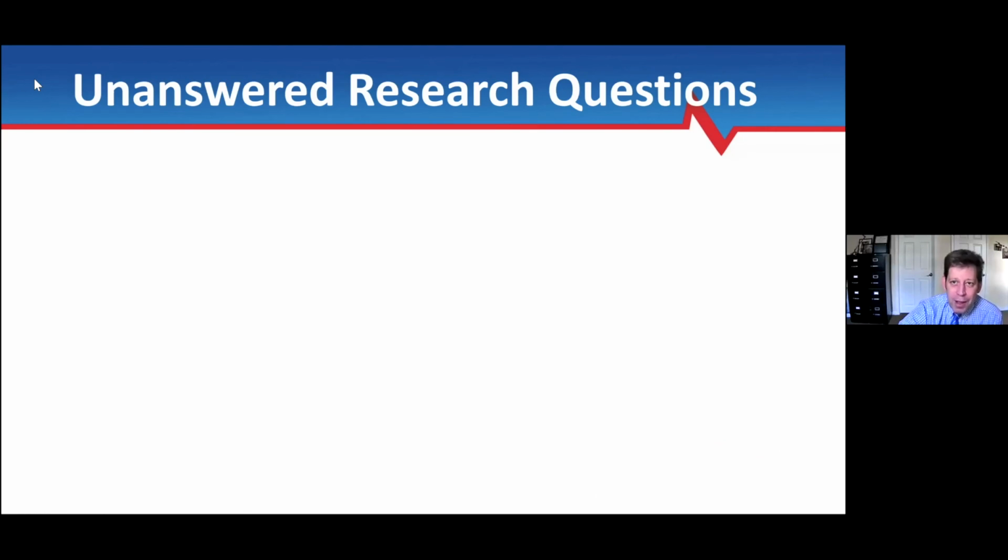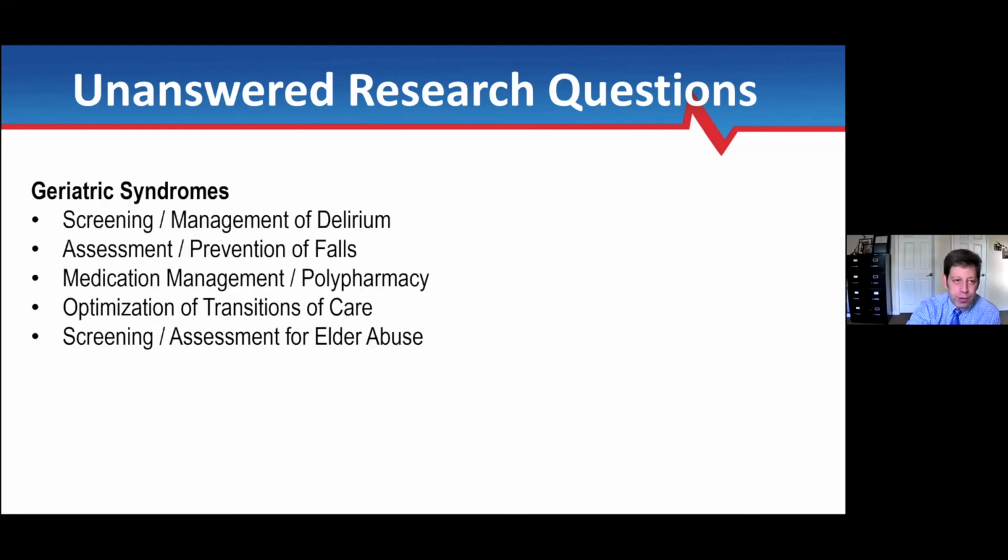And this is why I'm here. Despite the fact that there's a lot going on, there are a huge number of unanswered research questions. Geriatric syndromes: do we screen and how do we manage delirium in the emergency department? Assessment and prevention of falls, which by the way, is about the most common reason for anyone of any age to present to an emergency department: an older adult falling.